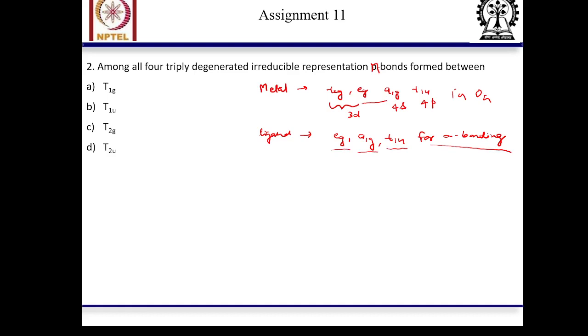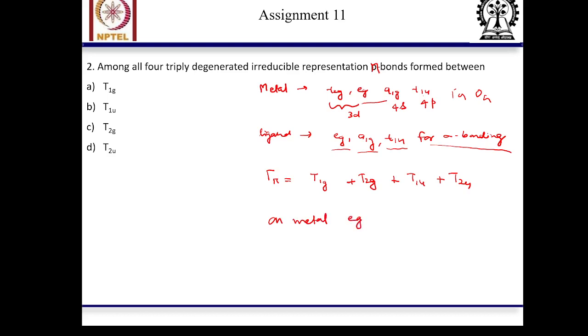Now, what is the reducible representation for pi? If we take the linear combination of the ligand orbitals and find the possible reducible representations, we have T1g, T2g, T1u, and T2u. Now on the metal, we have T2g, Eg, A1g, and T1u.